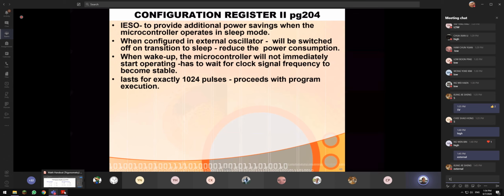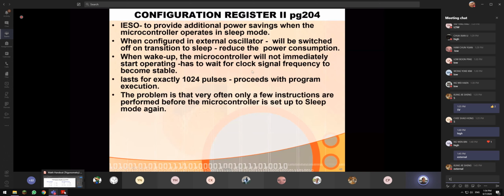So if this IESO is activated, when you switch on the power, it is not going to use the external oscillator to start up. It uses the internal FRC. Then only will they start again, moving back to the 1024 pulses.